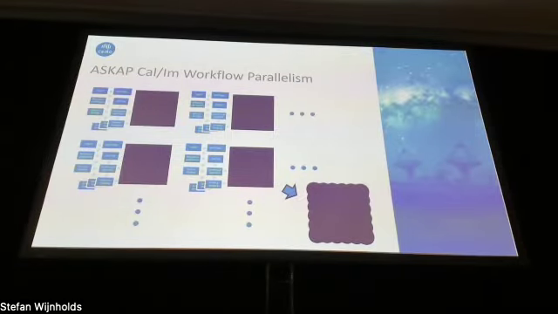Here are 4 of the 36 beams, and for each of these you've got lots of different things happening: bandpass calibration, self-calibration, source finding, continuum subtraction, and a bunch of different types of imaging. Some things do involve all the beams, but most of it's done separately. Each of these little boxes can be one or more, or maybe quite a few different Slurm jobs, and you're just throwing it all at the cluster.